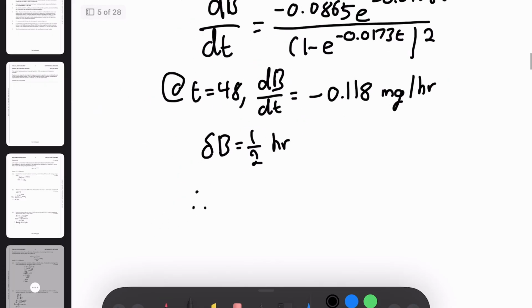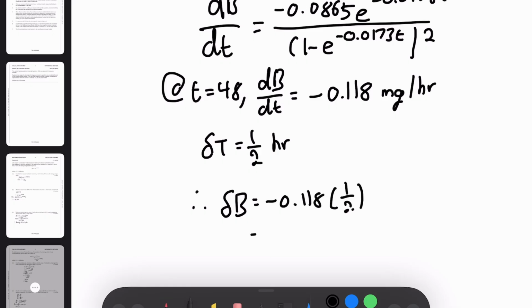Then our small change in B is going to be equal to negative 0.118 times a half, which is going to be equal to negative 0.059 milligrams per hour. And that is going to be our small change in B.